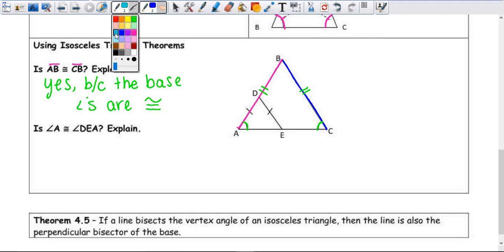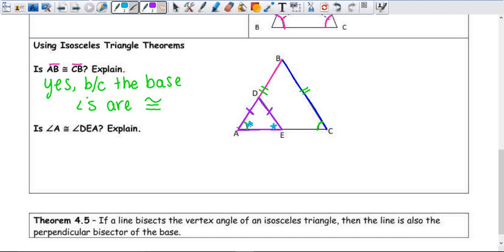Okay? Now, is angle A congruent to angle DEA? So angle A is right here, and angle DEA means that angle is right here. If I want to show that those angles are congruent, then I would need the legs to be congruent of this little triangle here. Notice I'm using this little one now because I'm looking at these two base angles.